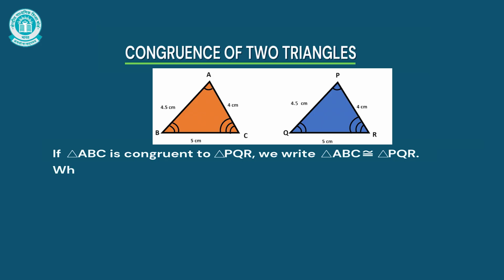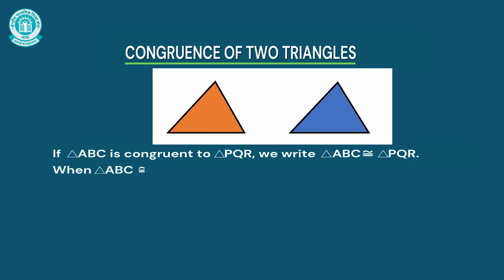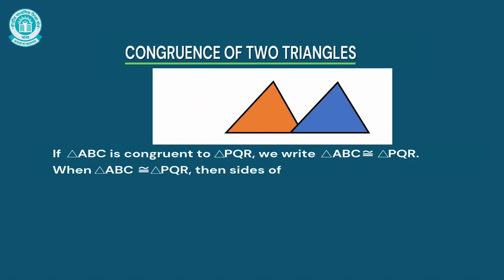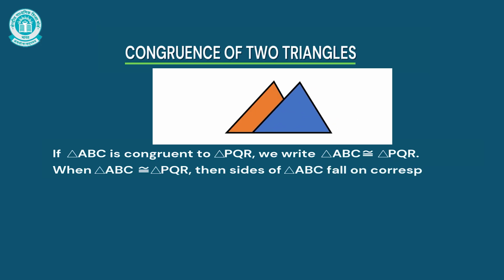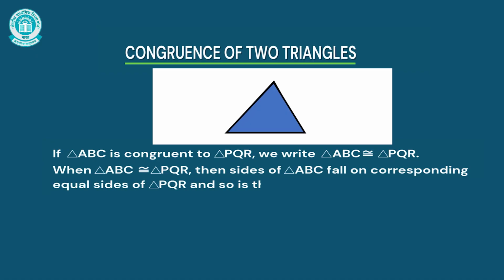When triangle ABC is congruent to triangle PQR, then sides of triangle ABC fall on corresponding equal sides of triangle PQR, and so is the case for the angles.